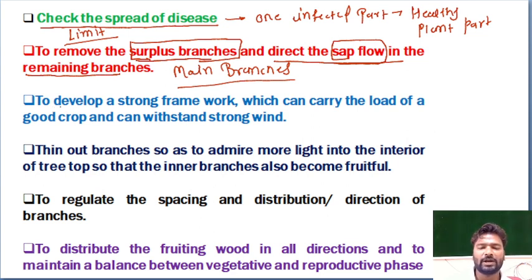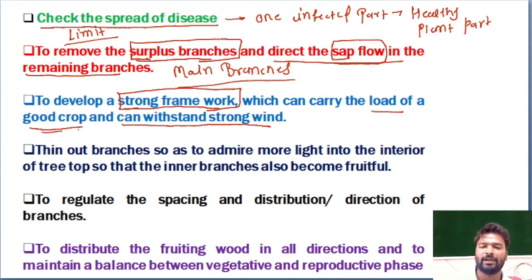Next, to develop a strong framework which can carry the load of a good crop and can withstand strong wind. So one of the mottos of the pruning process is the preparation of a strong framework which can carry the load of a good crop and withstand strong wind.